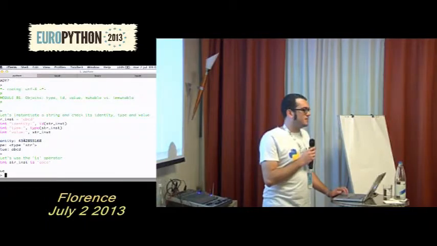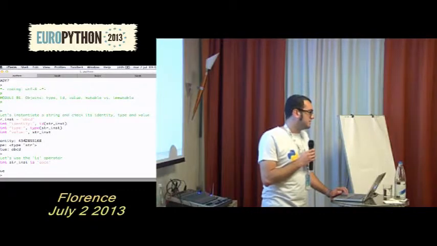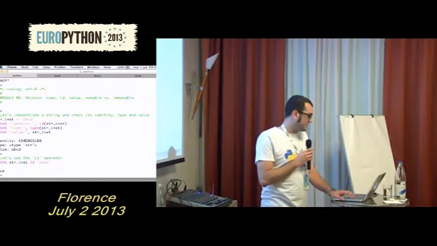Do you know what the identity of an object is? Each instance has its own identity. It cannot be changed, like the type. It's unchangeable. Right now it's implemented using the address of the object, but maybe in the future it changes. But for you, the thing is that it's absolutely unique inside your interpreter.